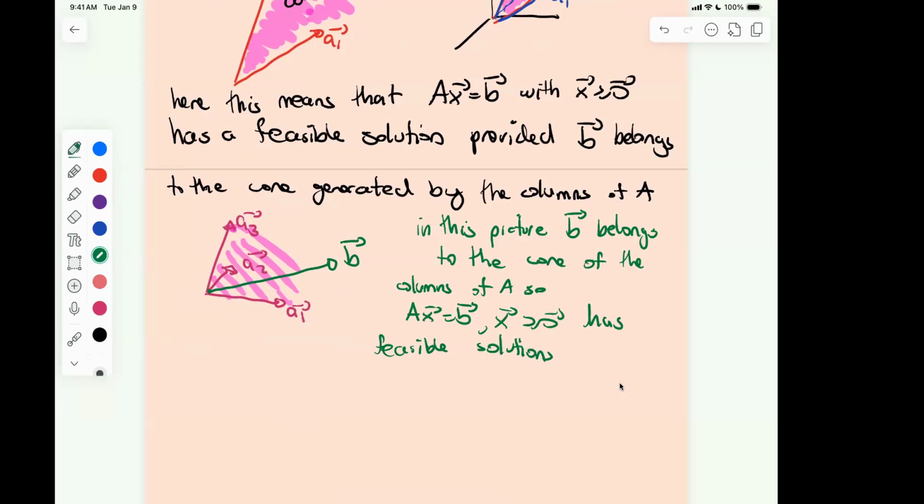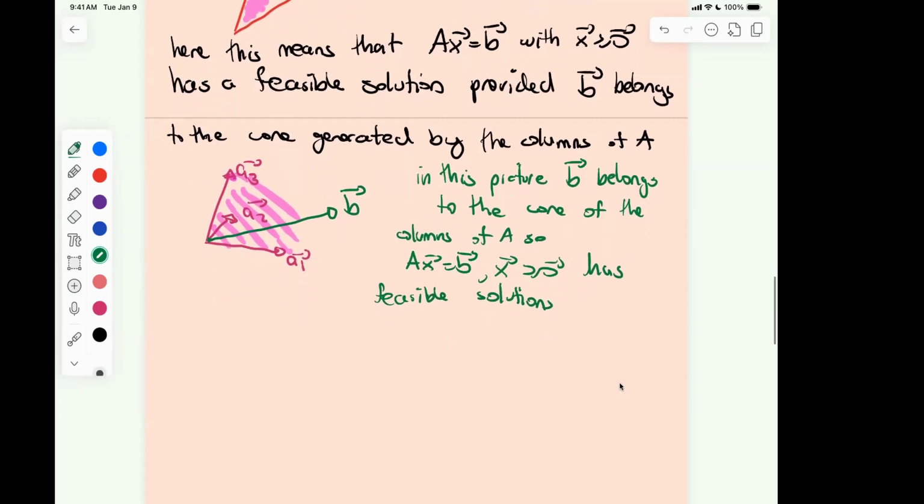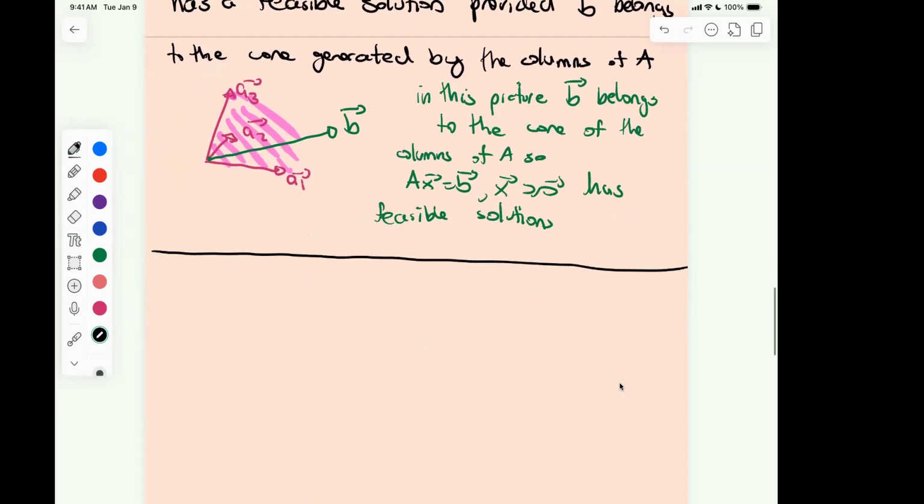Before I say it, I have to mention some terminology, which is how to write the equation of a plane.